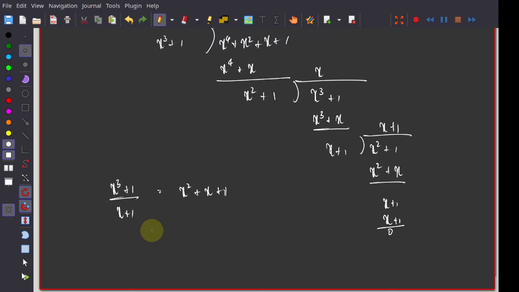We are doing our F2. Unless otherwise mentioned, the field is always going to be F2. It is not over the reals.